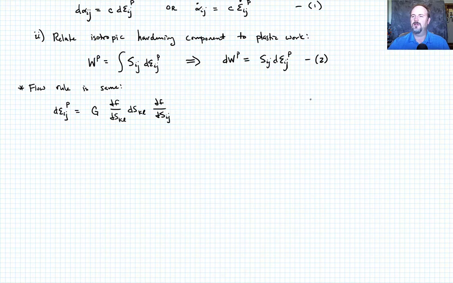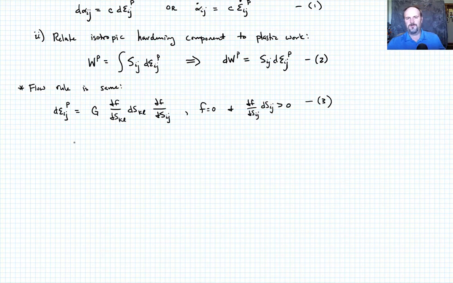That was our flow rule. Remember, we require that f was equal to 0 and the partial of f with respect to Sij, dSij be greater than 0, right? That was required.